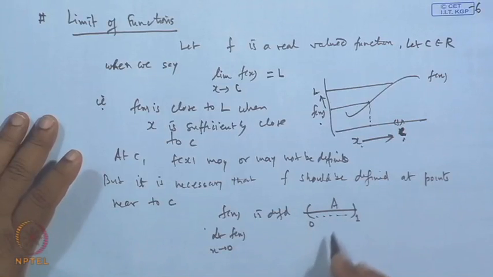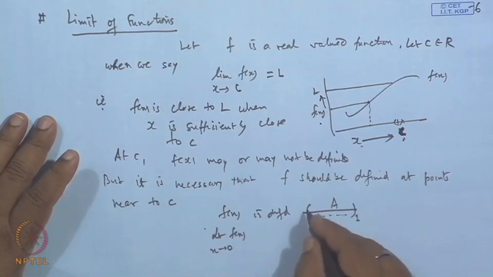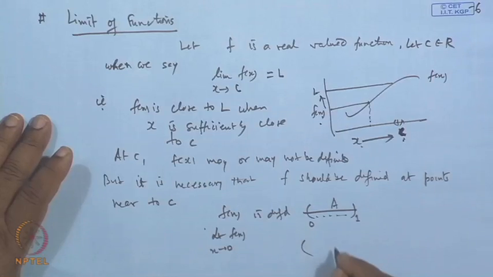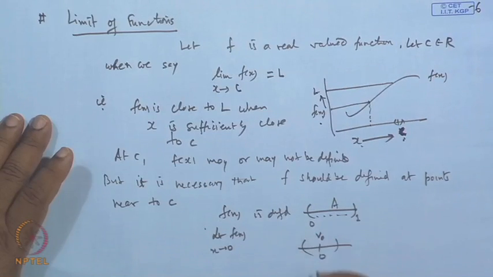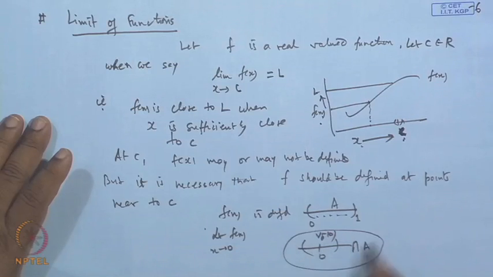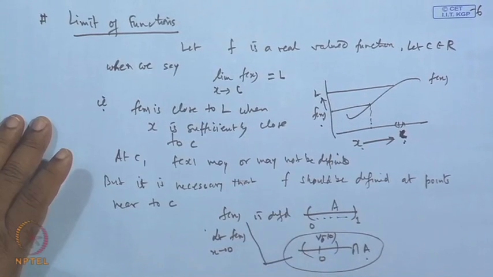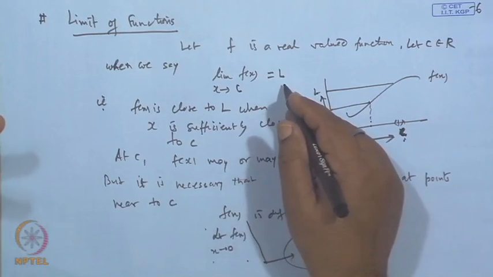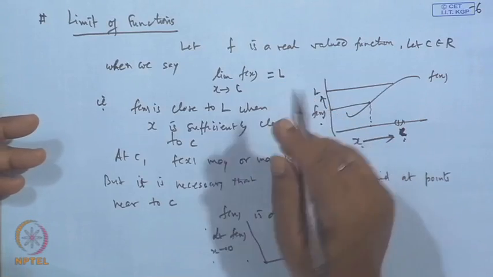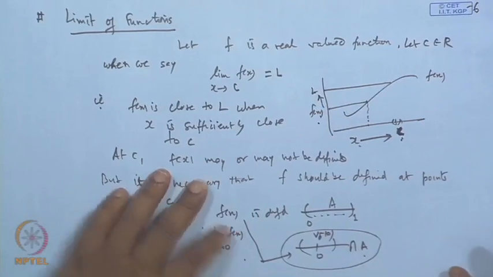What we are interested in is the neighborhood of the point 0 with a suitable radius delta, and then we find the intersection with A. For all the points in this set, consider the functional value and take the limit when x approaches 0. If this limit exists and is equal to L, we say the limit of the function exists.